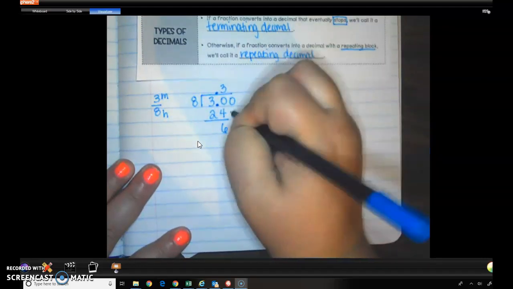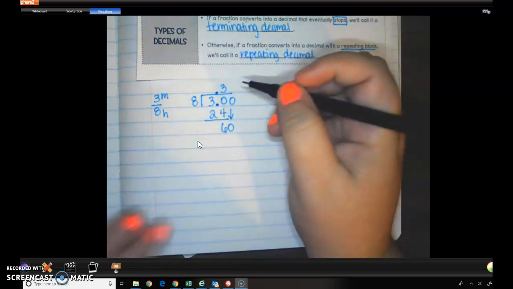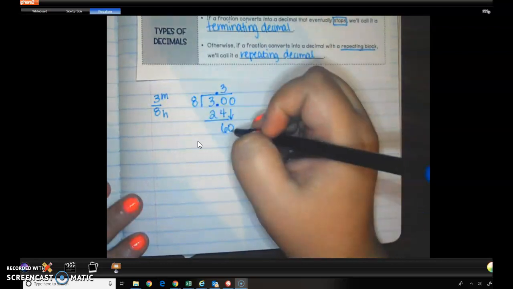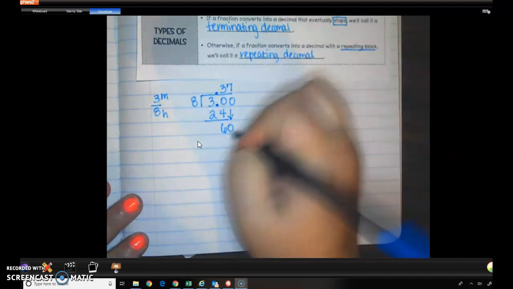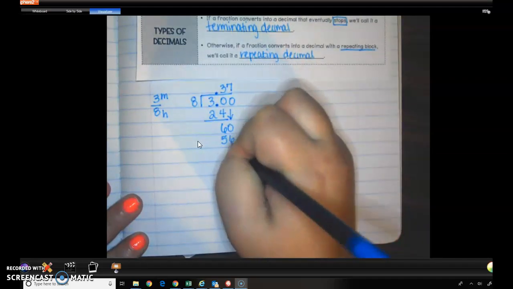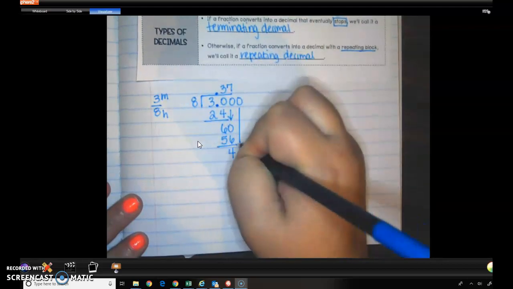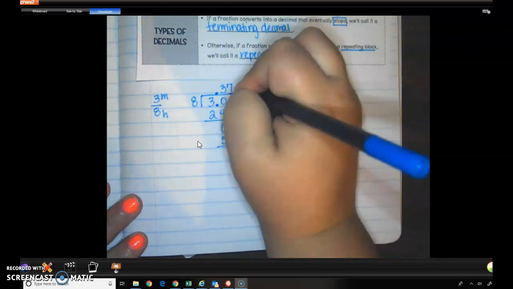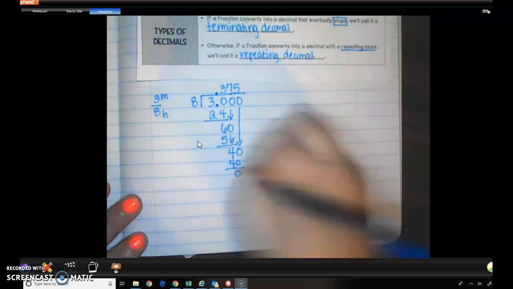I'm going to keep doing this till either I see a pattern or until my number stops. 8 goes into 60 7 times. 7 times 8 is 56. Subtract. Add another 0, bring it down. 8 goes into 40 5 times. 5 times 8 is 40. I have no more to go in.